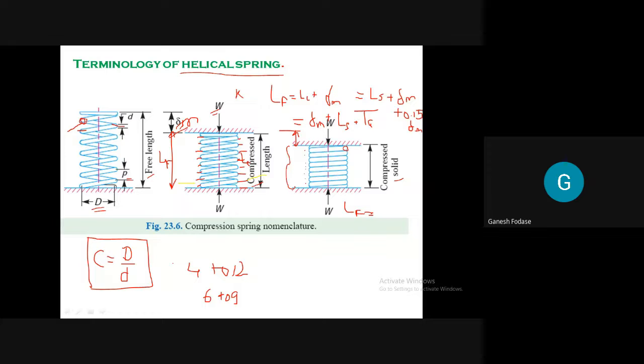So these are the ranges of the spring index, that is C. I told you what the spring index is. It is nothing but capital D upon small d, the coil diameter to the wire diameter.